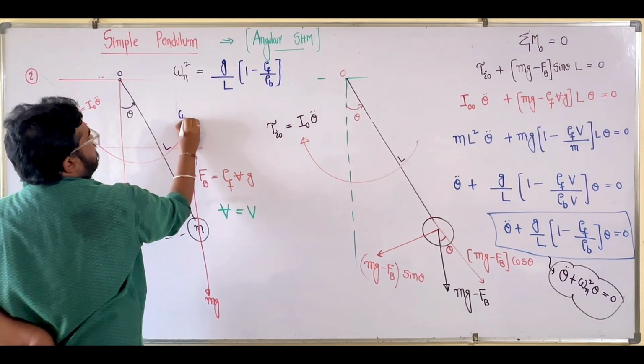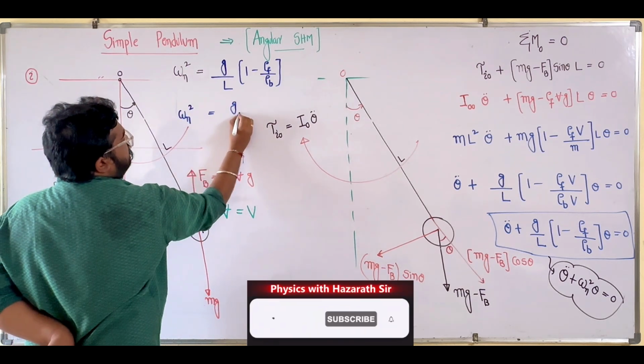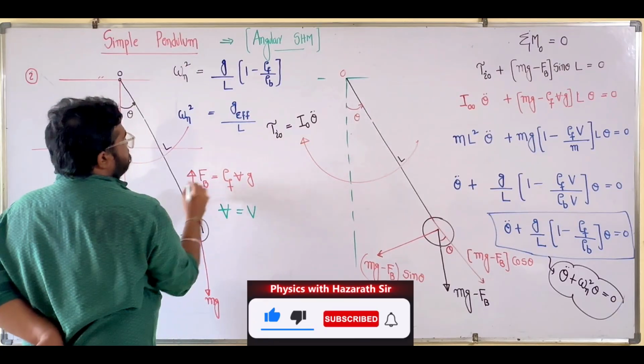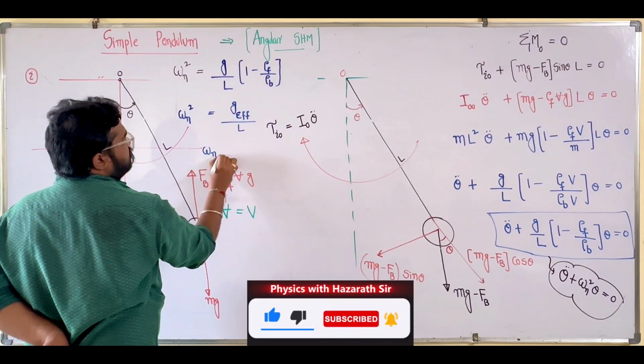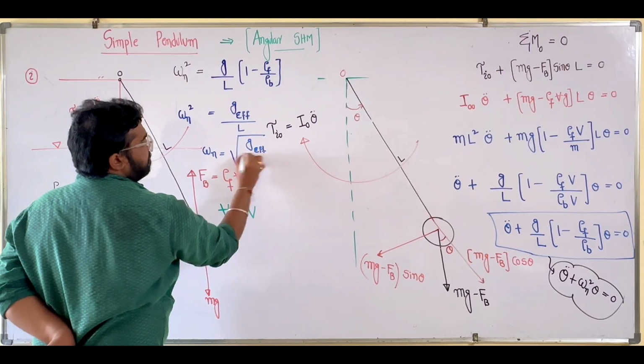Here omega n square equals g effective by L. From here omega n equals square root of g effective by L.